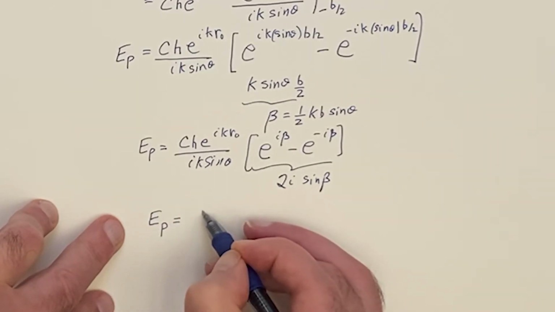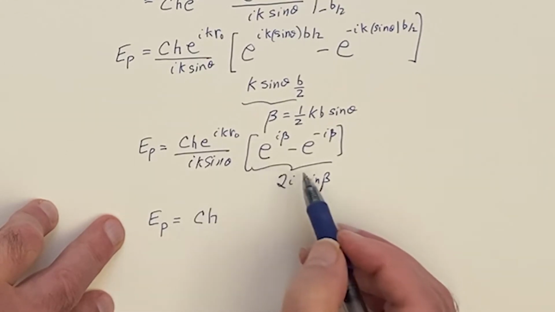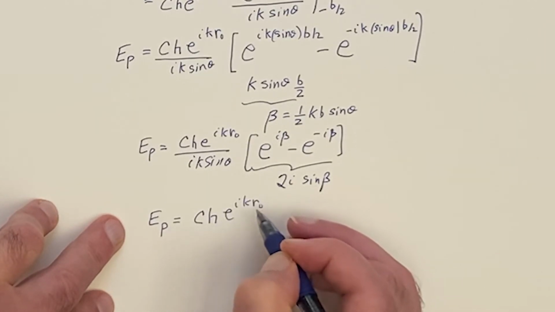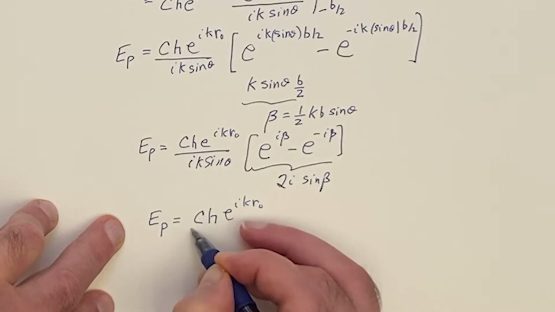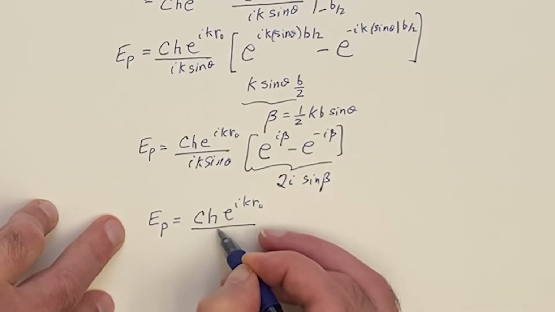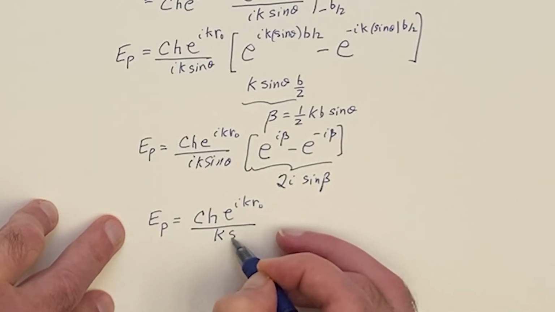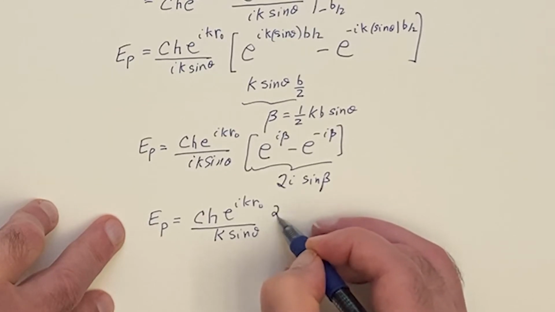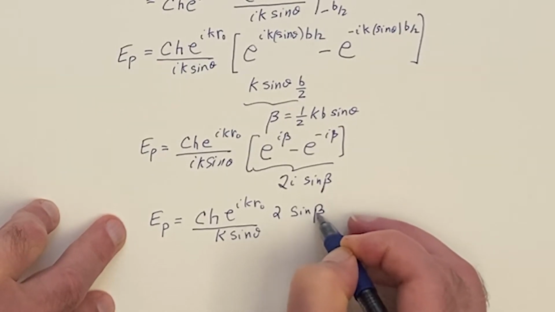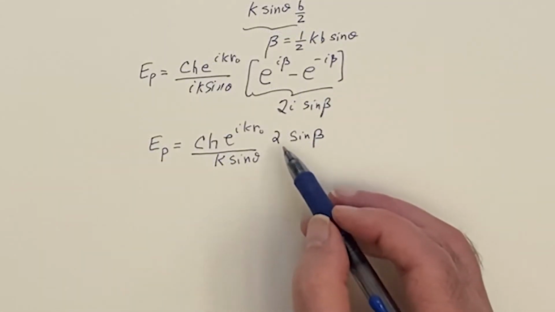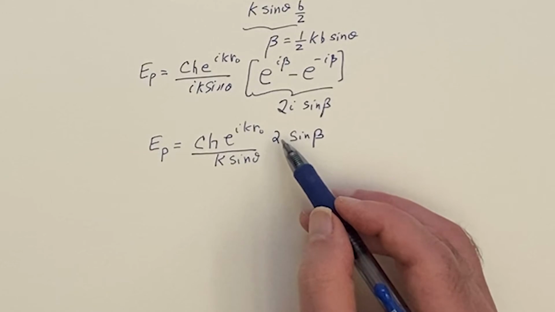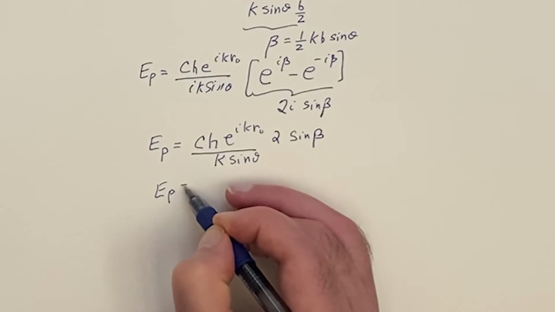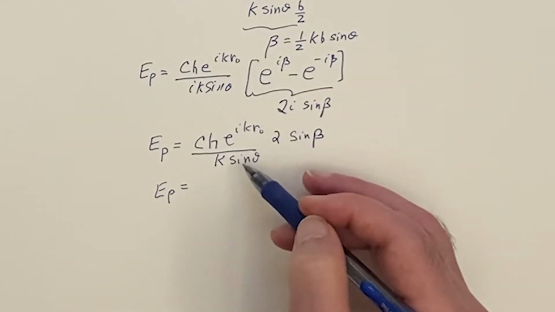So if that's the case, then these i's will cancel. And we'll have C h, now e to the i k r naught, and this will be here k sine of theta. There'll still be a 2 floating around, and there'll be a sine of beta. Now I can do a little trick and get this 2 down in the denominator, because I'm seeing I got a k sine theta and I got another beta floating around.